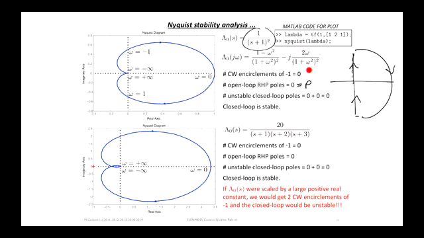So moving up here makes us move around here. You can see that at omega equals 1, the real part becomes 0, while the imaginary part will not be 0. It'll be minus 0.5 or whatever it is there. If we keep increasing omega, we end up here.